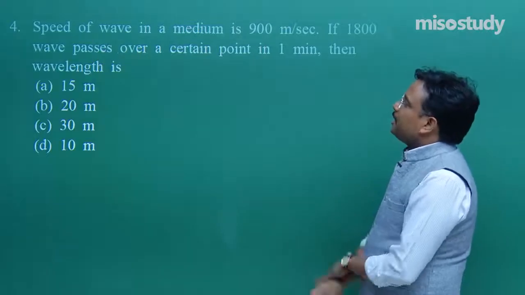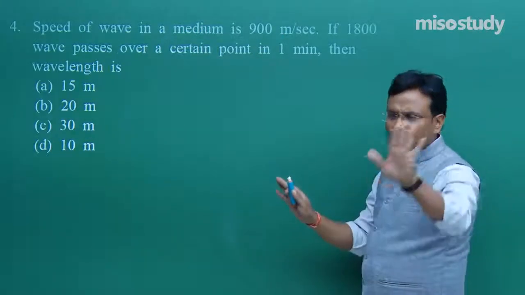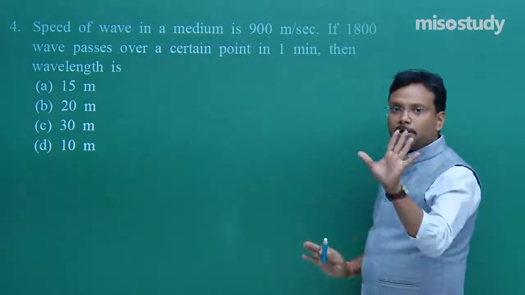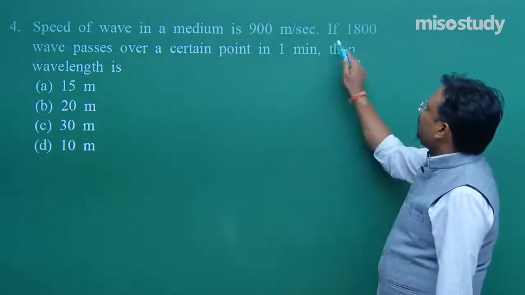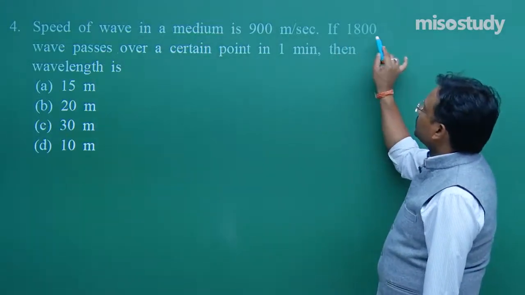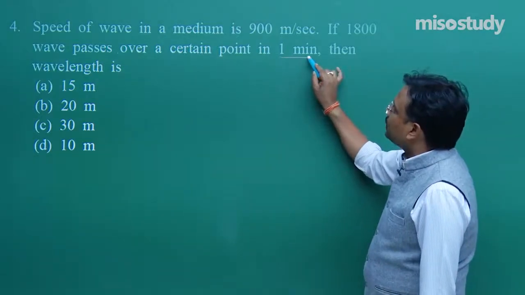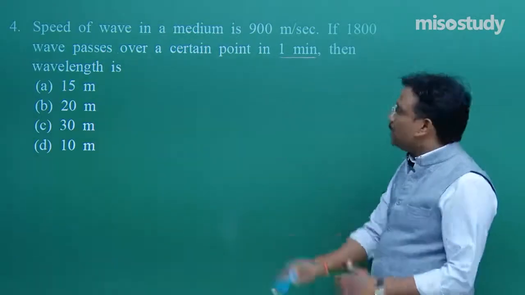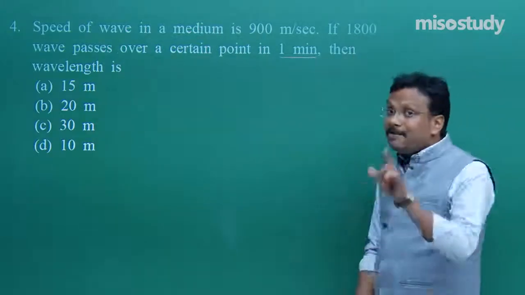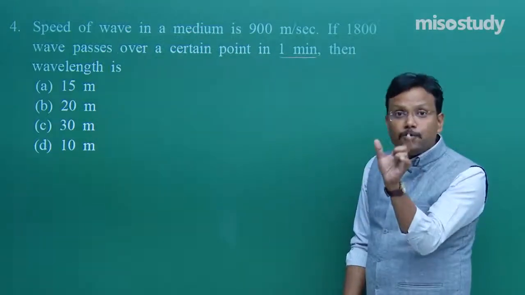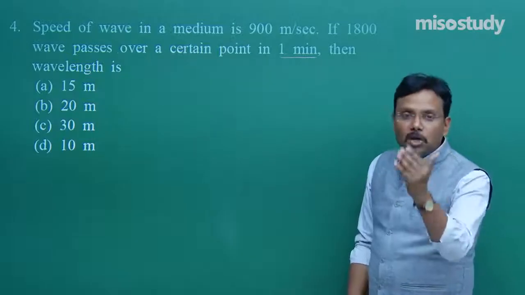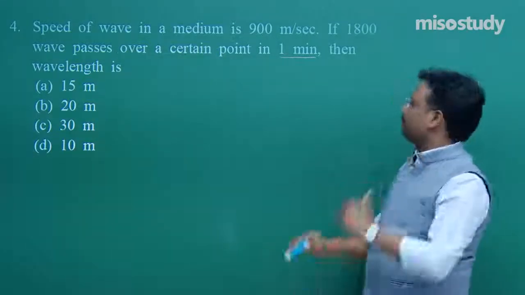Speed of wave in a medium is v meter per second. Forget about this number; let's try to understand the concept. If this many waves pass over a certain point in 1 minute, it means what? 1800 divided by 60 will give you the frequency, nu, f, n.